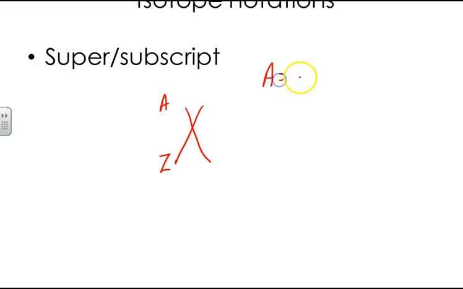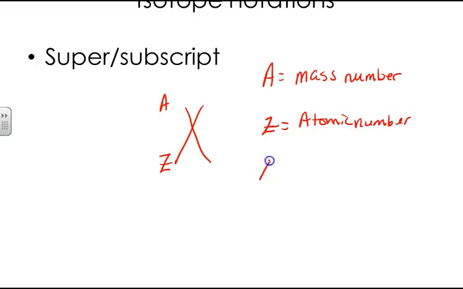A is equal to the mass number, whereas Z is equal to the atomic number. And X is just the element symbol.